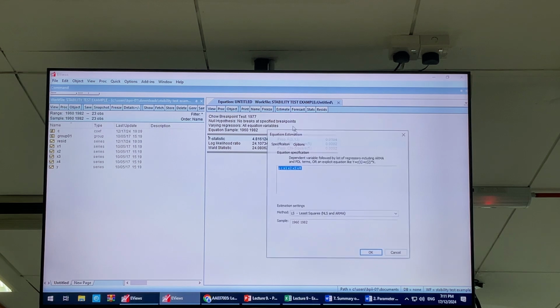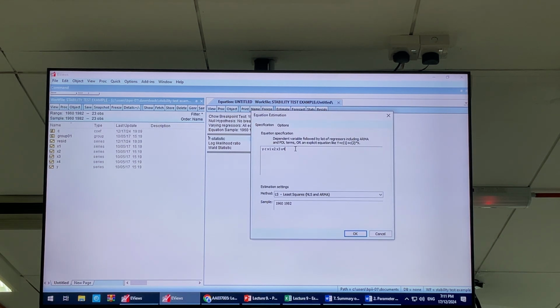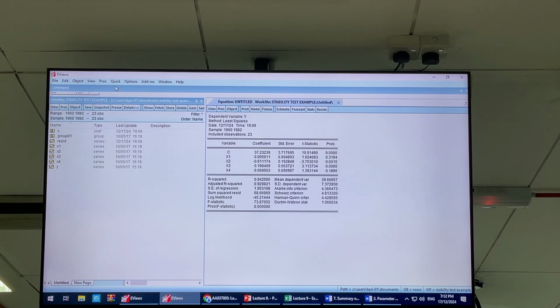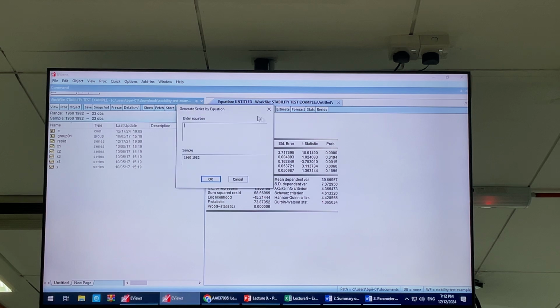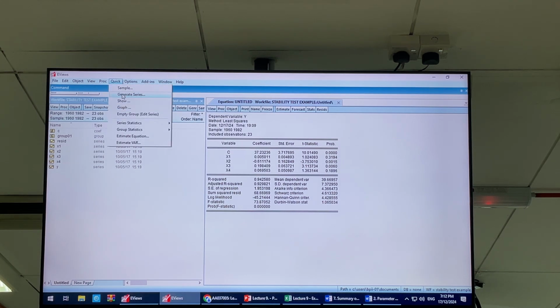So remember, this is our model. In order to allow the intercept to be different before and after, we need to create a dummy variable for the period before and after 1977. That can be done by going to Quick, Generate Series.